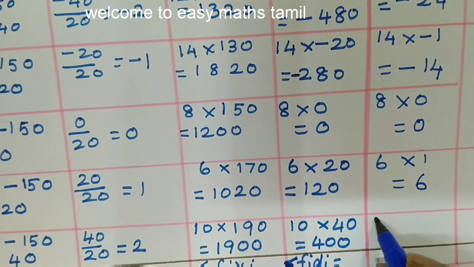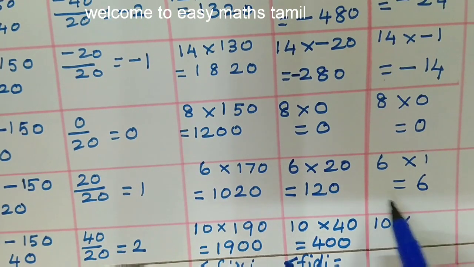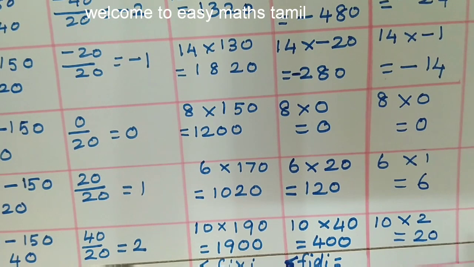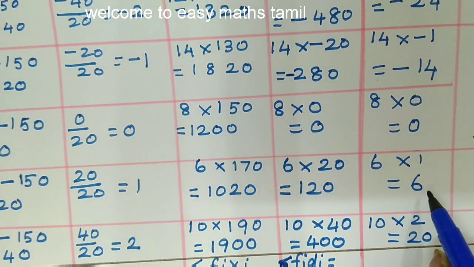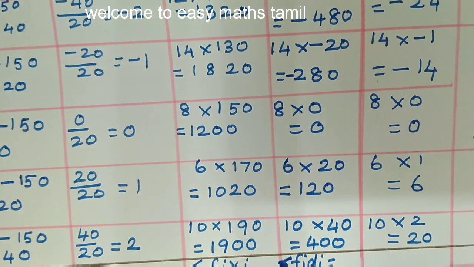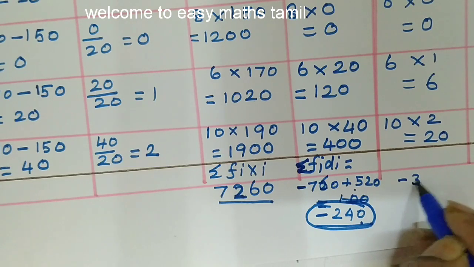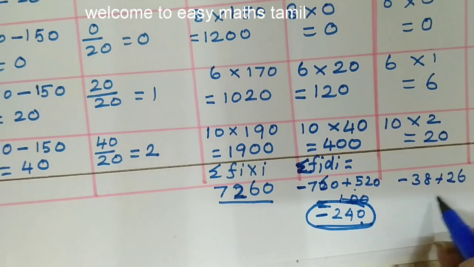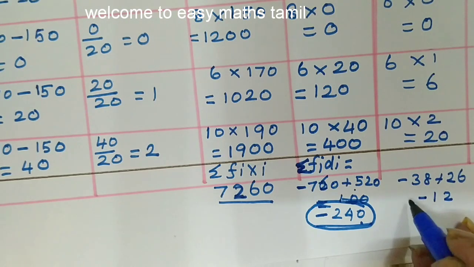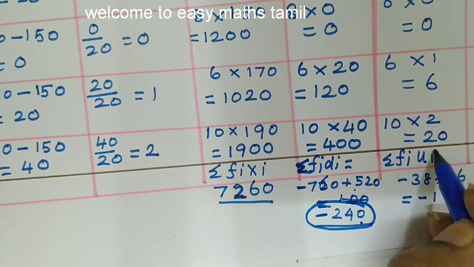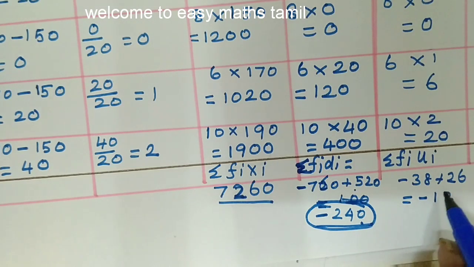Fi is 10, ui is 2, 10 twos are 20. So sigma fi ui: minus 38 plus 26 is minus 12. Sigma fi ui is minus 12.